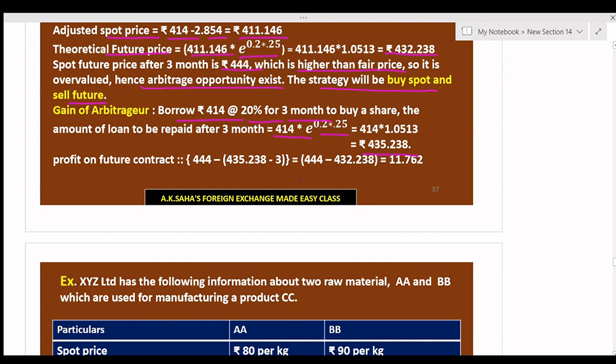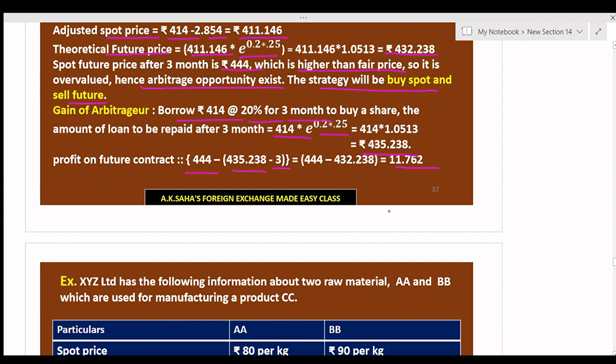Now you have to find out the profit. 414 is the spot future price minus the amount to be paid after 3 months on the loan, minus rupees 3, that is dividend, that comes to 11.762, that is the profit.